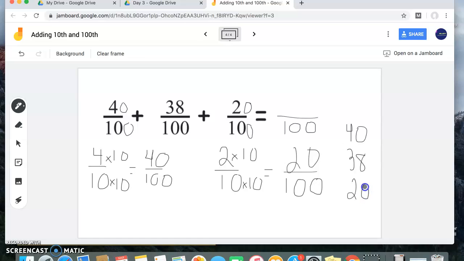And now notice I lined up all the digits in my ones place, all the digits in my tens place. So if I'm starting with my ones place, 0 plus 8 plus 0 is 8. 4 plus 3 is 7. 7 plus 2 is 9. So now my numerator is going to be 98, giving me an answer to this problem of 98 hundredths.